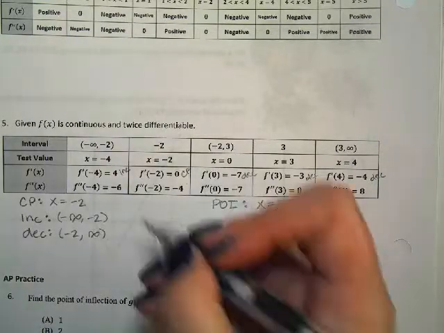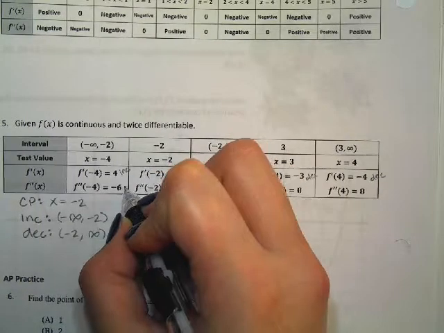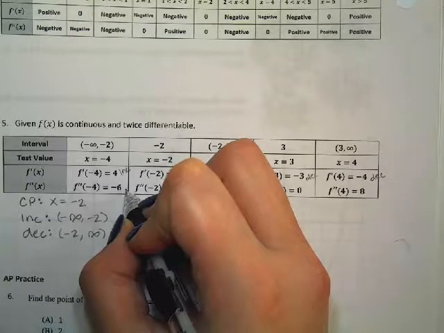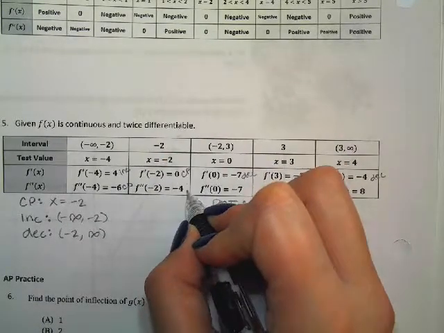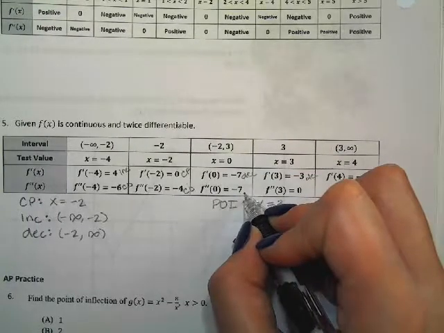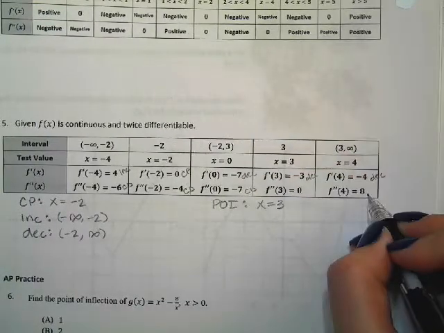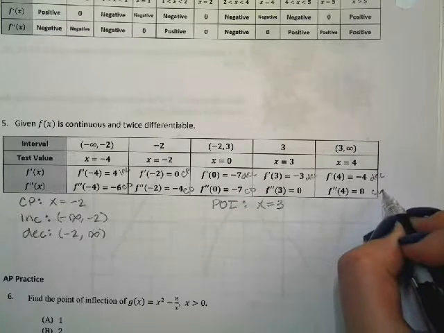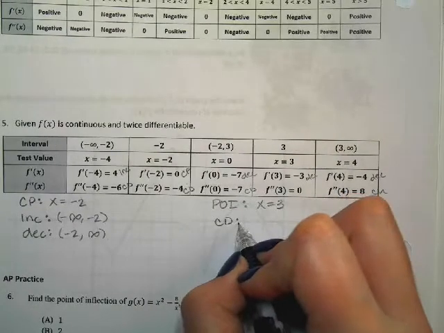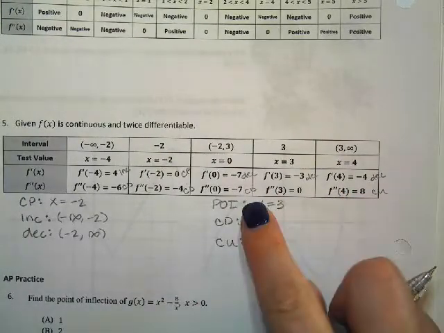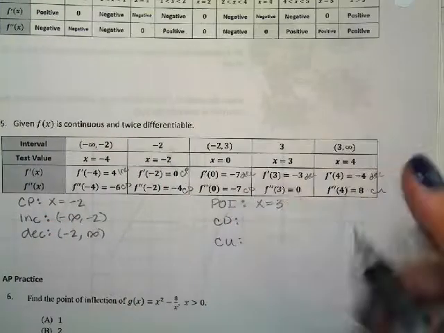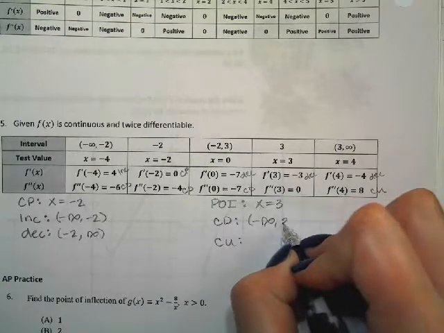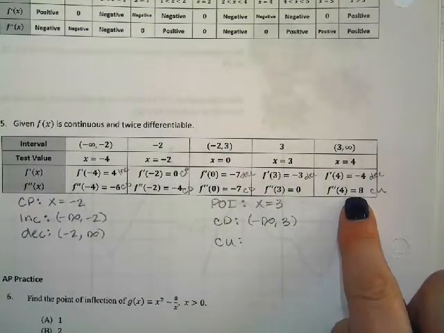Concave up or concave down. So this is negative, so that's concave down. -4, concave down. -7, concave down. +8, concave up. So this graph is concave down for all of these, and then it's concave up.